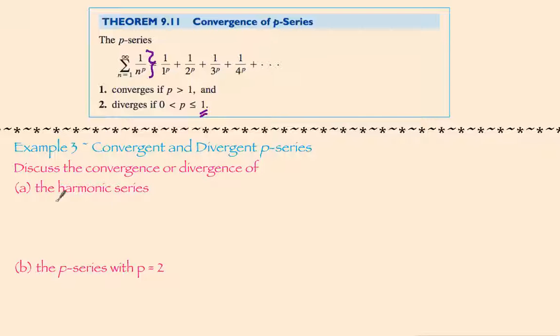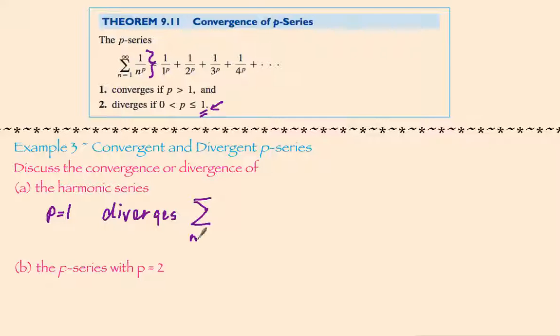The harmonic series, as we know, has p equal to 1, if you recall from the previous slide. And as you can see, if p is 1, or between 0 and 1, the series diverges. So the harmonic series, even though it seems as though it should converge, doesn't. Let's just take a look at it for a moment.